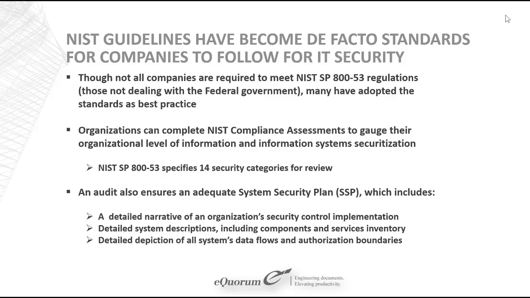An audit also ensures an adequate SSP, which is a system security plan, which typically includes a detailed narrative of the organization's security control implementation, detailed system descriptions, including components and services inventory, and detailed depiction of all systems, data flows and authorization boundaries.